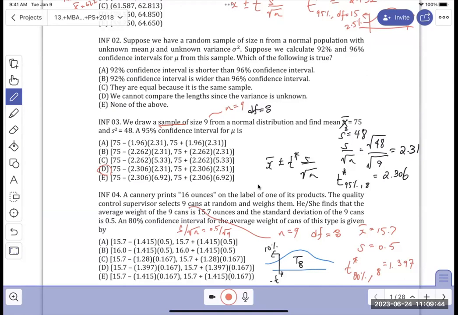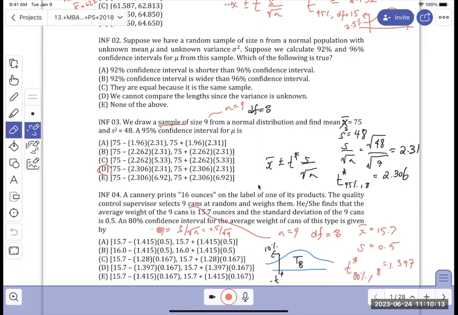So which is the best answer? Uh-oh, what did I do? I transcribed my number wrong. 0.1. Yeah, 0.1.